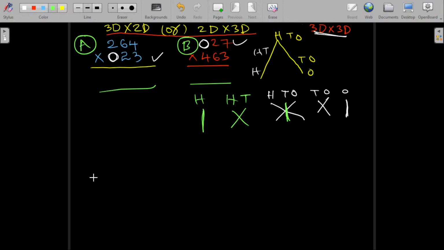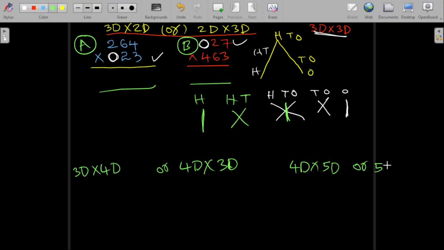Even 3D into 4D or 4D into 3D, 4D into 5D or 5D into 4D. By adding 0, you have to convert it as 4D into 4D.